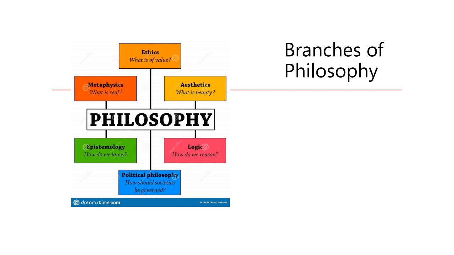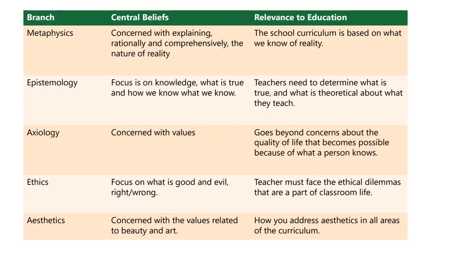We've got the aesthetics looking at the beauty of something. Then we've got logic, political philosophy, and epistemology. You don't have to stress if you don't know what these weird words mean. You are quite okay with just a summary that I've done. So what I've done basically here is I've gone and split this up.